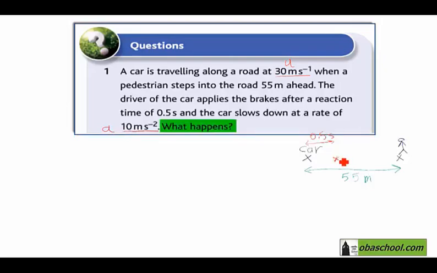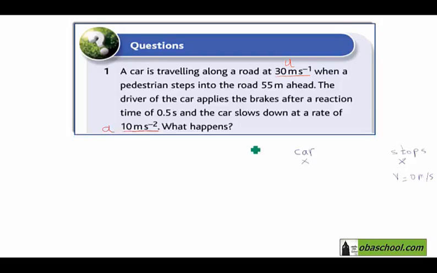The question here is what happens? So let's first get the distance that the thinking time the driver of the car took before it stopped. We have the initial velocity u, 30 meters per second. t is 0.5 seconds.